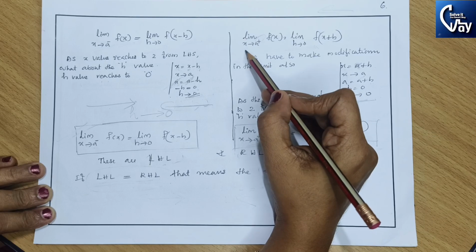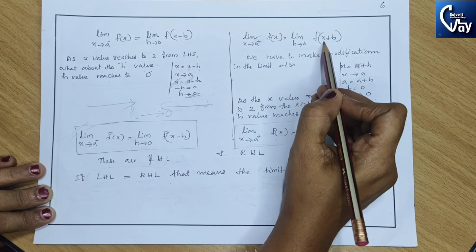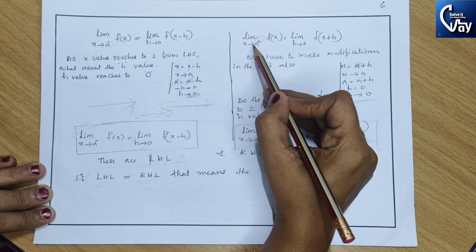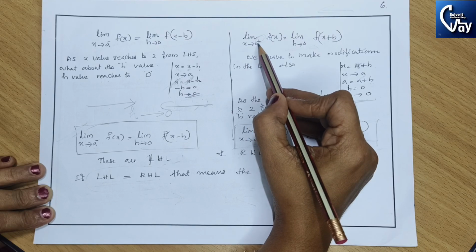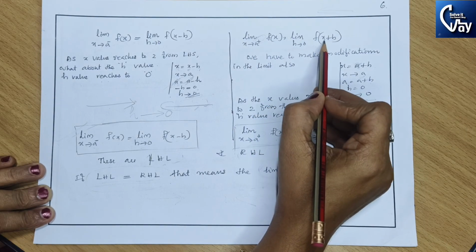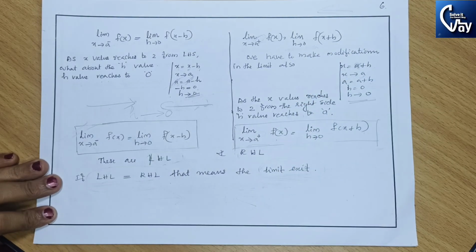From the right side, limit x approaching a plus of f of x equals limit h approaching 0 of f of x plus h. This plus indicates that x approaches a from the right side. We know that when x approaches a from the right side, h approaches 0, and x is nothing but our x plus h. That we observe from the table. We clear it from the table.